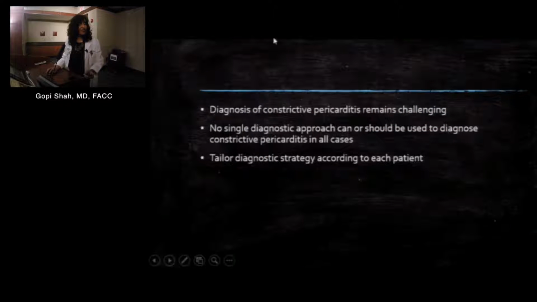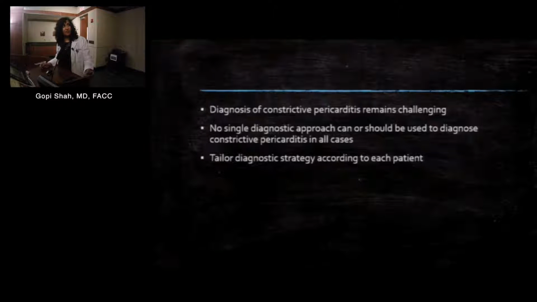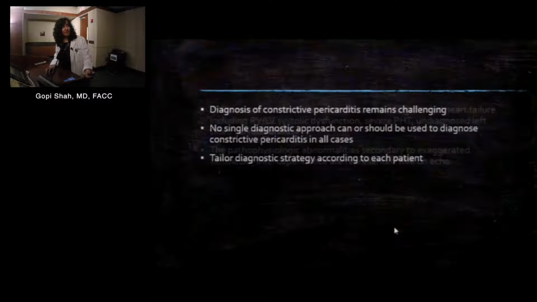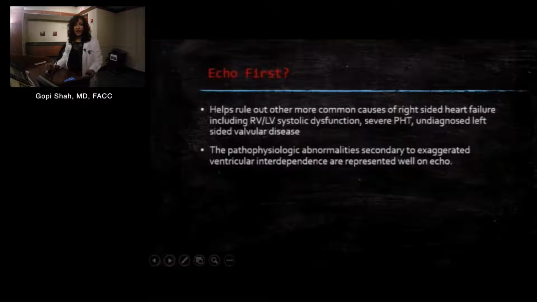So diagnosis of constriction remains challenging. There's no single diagnostic approach, and every strategy of diagnosing has to be tailored to the patient, his presentation, his comorbidities, and what you plan to do with the patient. However, it is intuitive that he is going to get an echo, and it does help rule out a lot of things and rule in a lot of things.